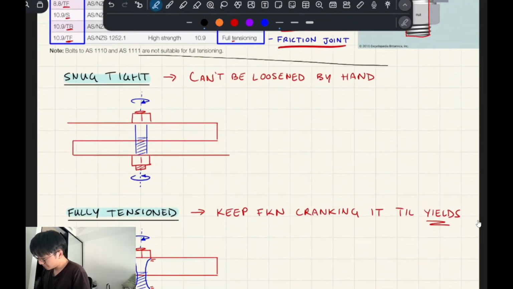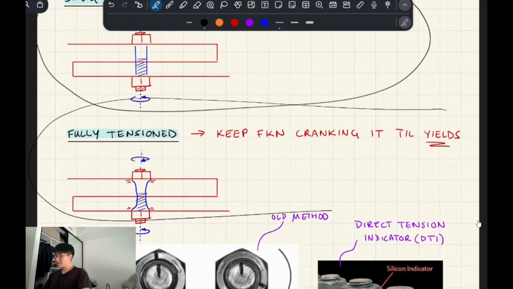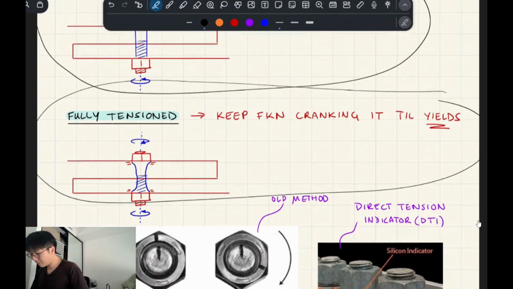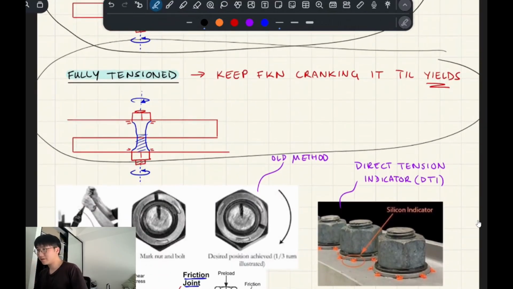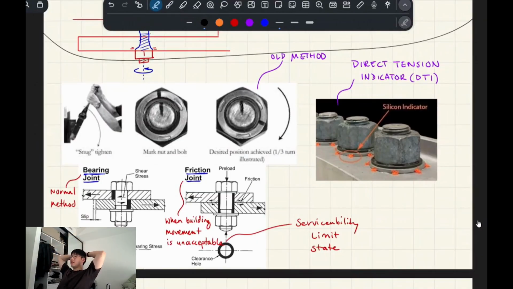As I briefly mentioned before, snug tight bolts are just torqued with a wrench or something, where you can't loosen them with your hand. For fully tensioned bolts, you just keep going, and it's not supposed to be able to be loosened easily. You really have to try. So when you're inspecting bolts on a construction site, say you're a structural engineer told to inspect these bolts, it's very hard to tell how much they've been tensioned, or how much they've torqued the bolt.